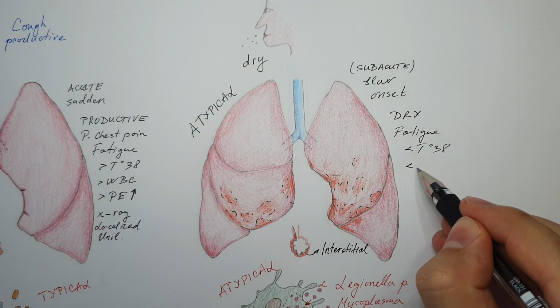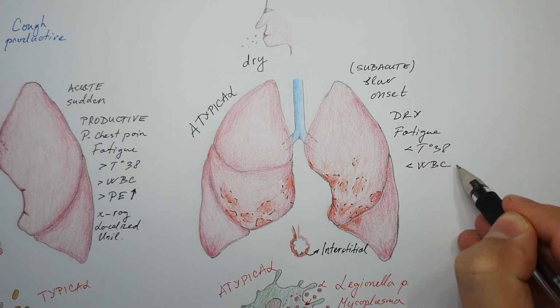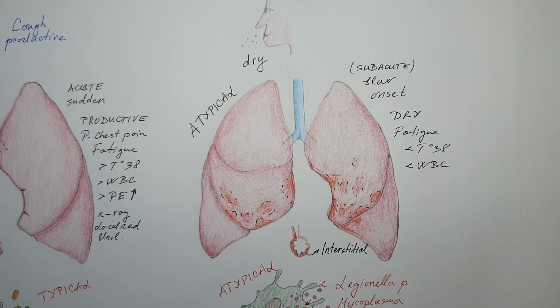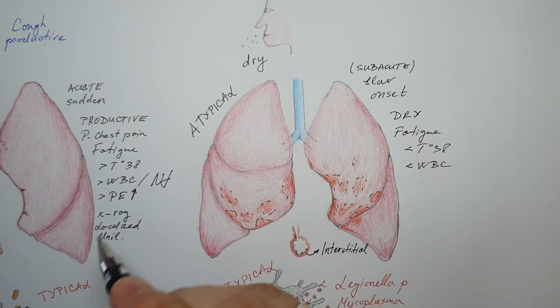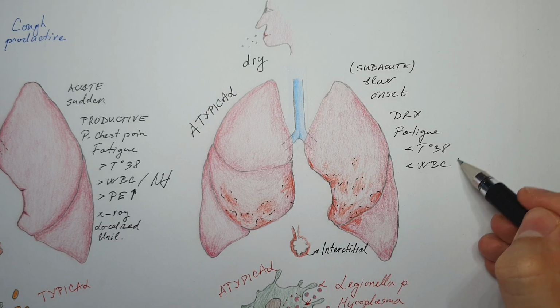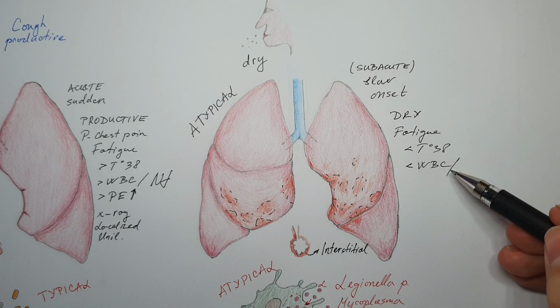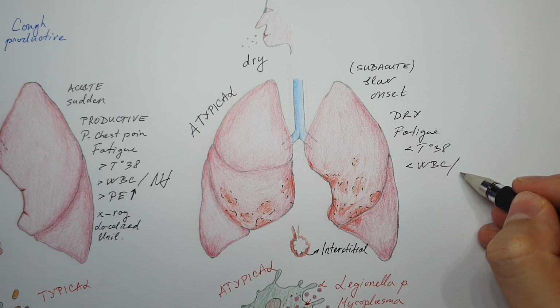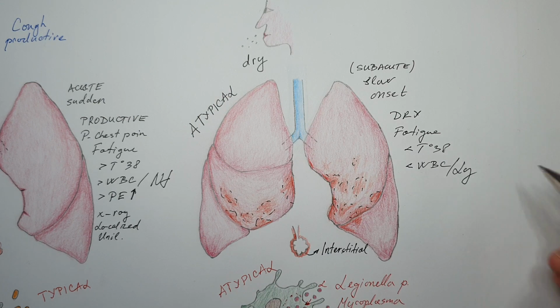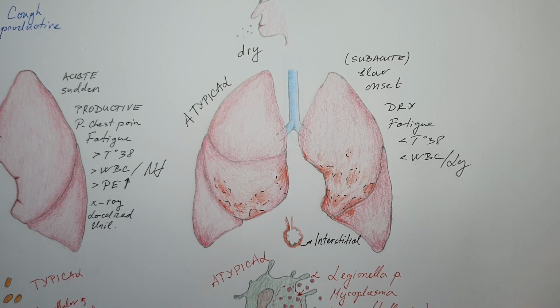The white blood cell count will not be elevated, or it will be slightly elevated. And the white blood cells that are elevated in typical pneumonia are neutrophils, because neutrophils fight these extracellular pathogens. But in atypical pneumonia, if white cells are elevated, we have an elevation in lymphocytes, because lymphocytes fight intracellular pathogens.